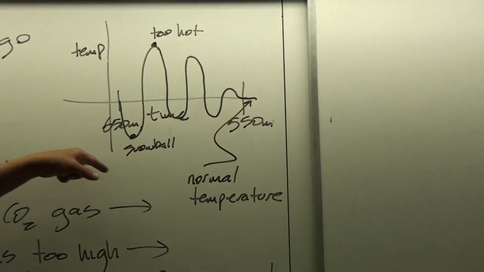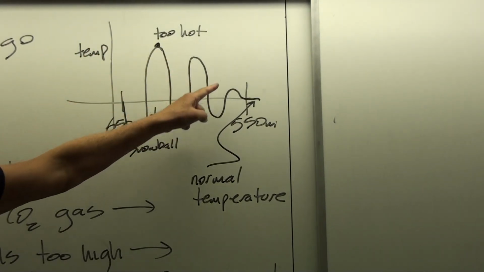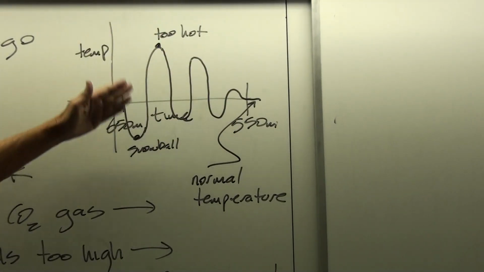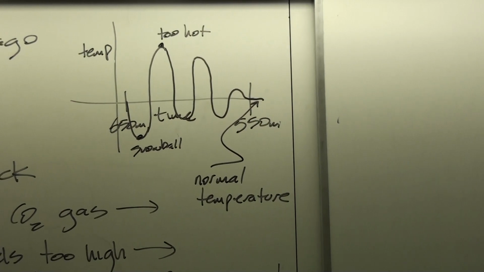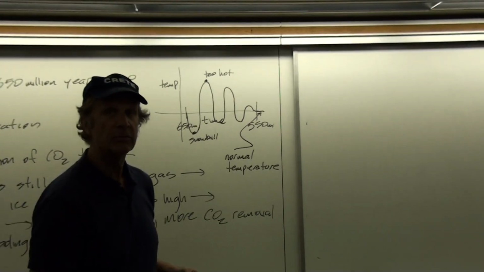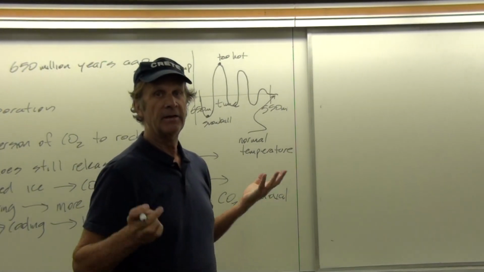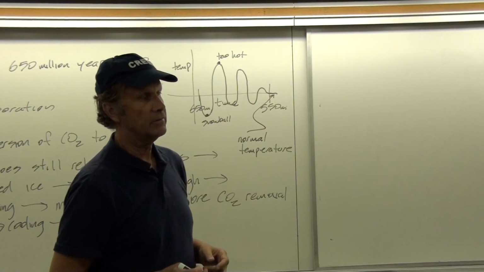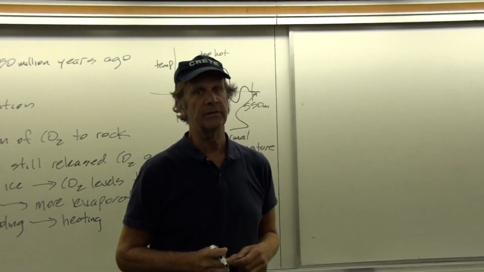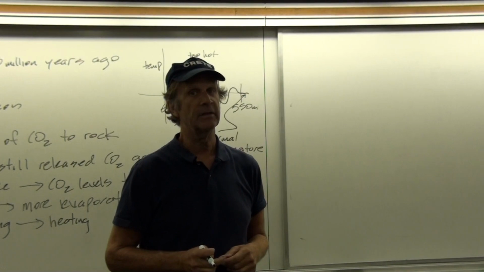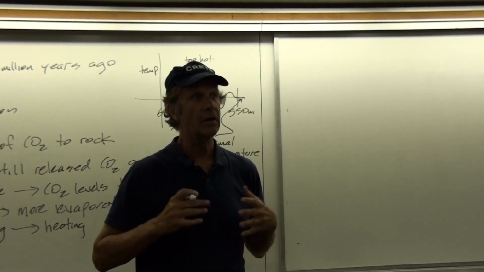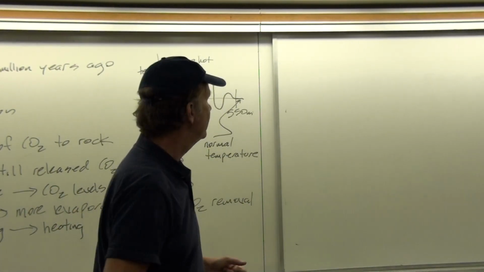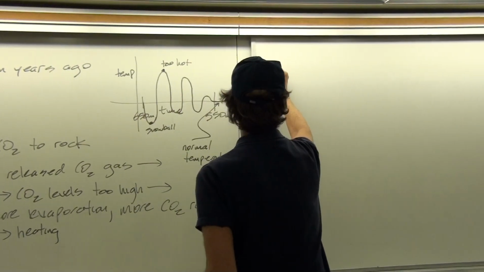So this process then of the thermostat mechanism oscillating back and forth between too hot and too cold, we believe took something like 100 million years. And some people think this could be a coincidence, but other people think that this is the cause of what's called the Cambrian explosion.